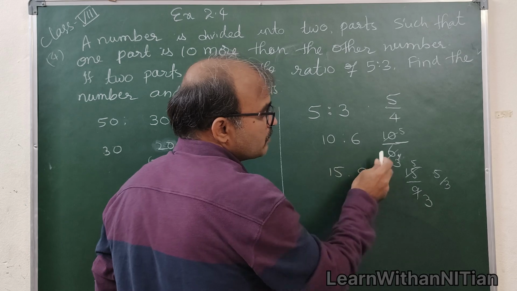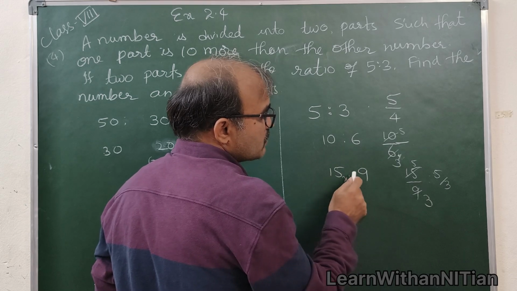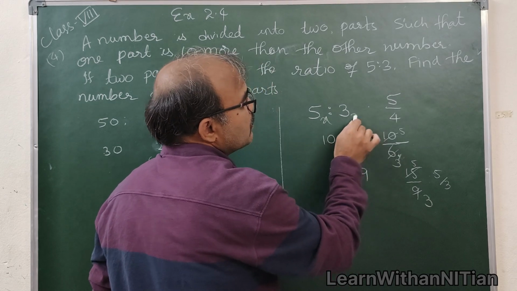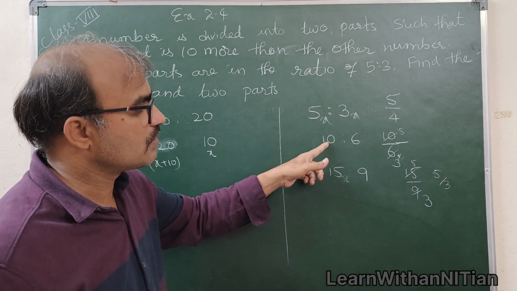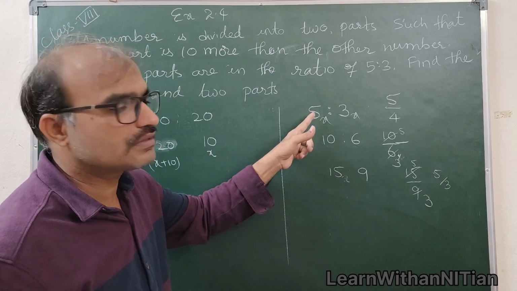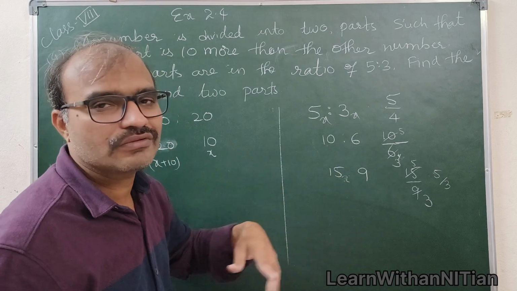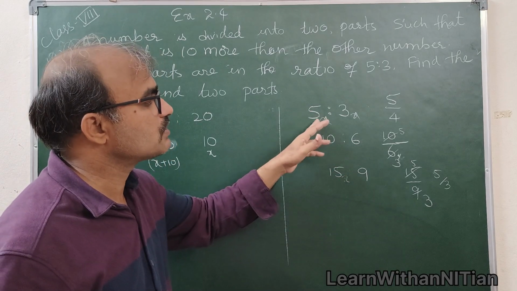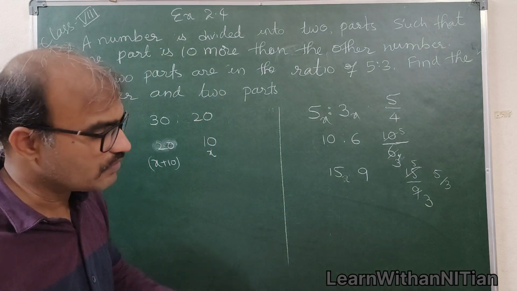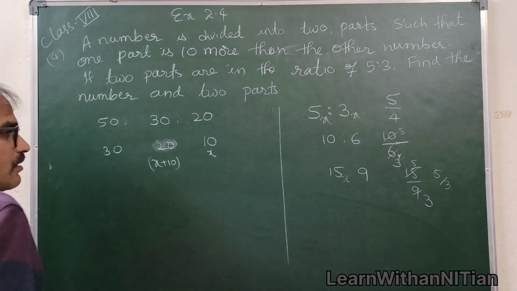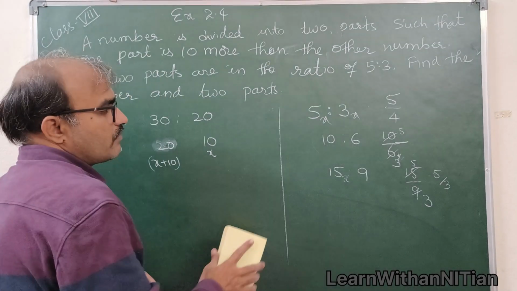So the numbers will be 5x, 3x, right? If the common factor is 2, 5 2s are 10, 3 2s are 6. If the common factor is 3, 5 3s are 15, 3 3s are 9. So we will get the numbers, right? That is why we have to consider this x, whatever the common factor they have removed. So you can solve in this way also, right?